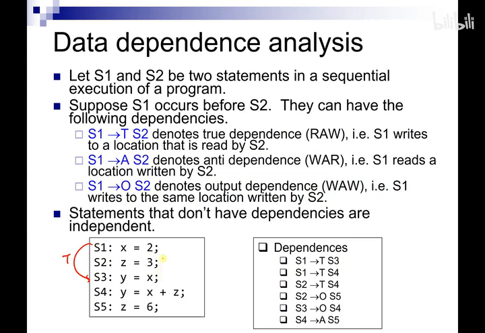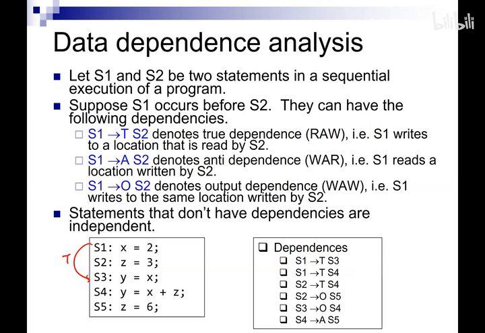However, if you switch the order of these statements, then because X is initially 0, Y is going to become 0, and then X is going to become 2. So you see that doing these statements in the order S1, S3 is different than doing this in the opposite order. And this is why you're not allowed to switch the order. So that's one example of a true dependence.